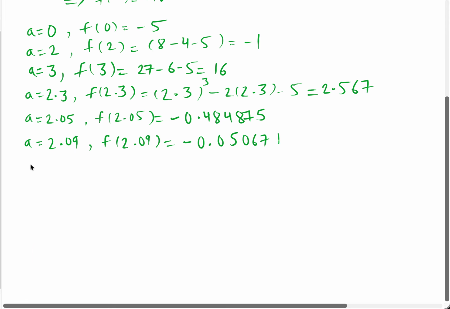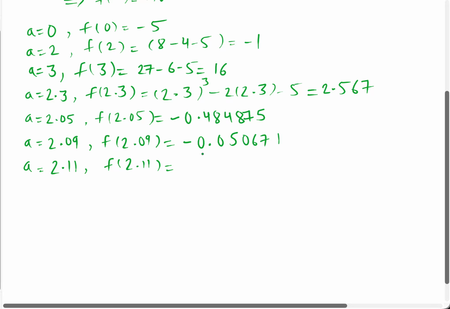Let me take a equals 2.11. f of 2.11 is equals to 2.11 cubed minus 2 times 2.11 minus 5.